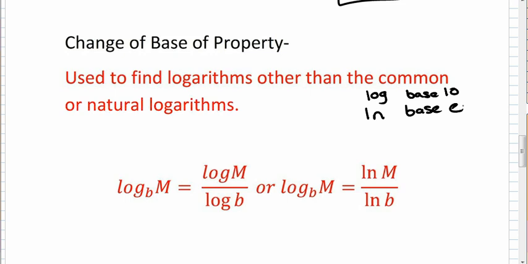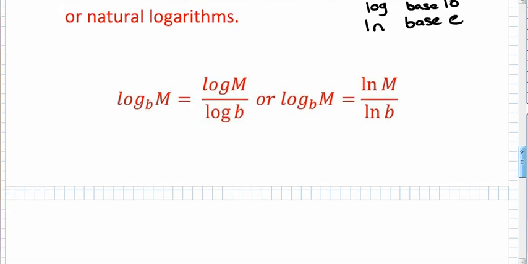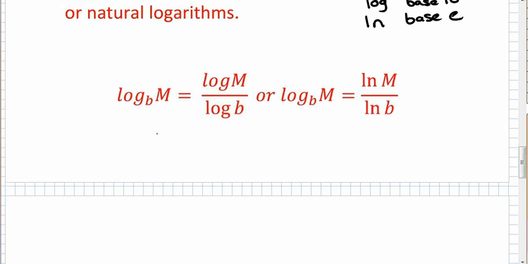So to do the change of base property, for example, if I had log base 7 of 10, I'll take the log of the number, which is 10, and divide it by the log of the base, which is 7.